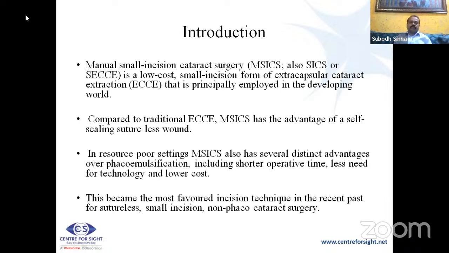Particularly in developing countries like India, where the resources are not uniformly distributed, and in certain areas where we don't have access to advanced techniques of phacoemulsification, manual small incision cataract surgery is definitely a good choice because it has shorter operative time, less need for technology, and lower cost.